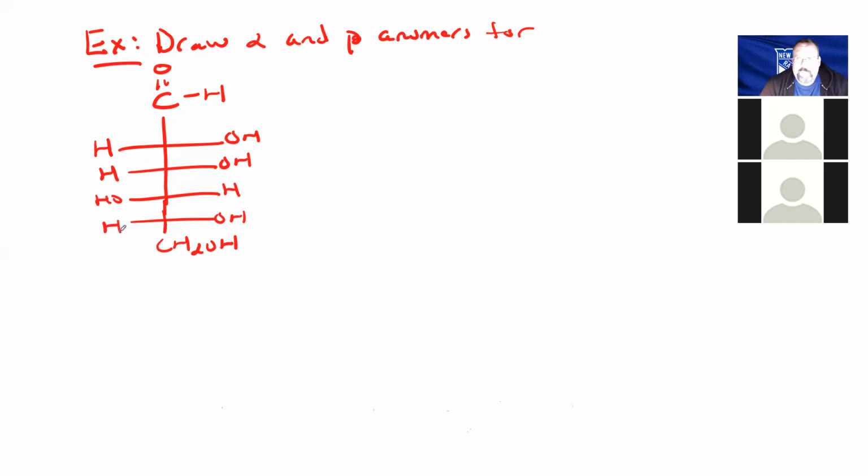So we talked about the fact that for your hexoses, whether it's an aldohexose or a ketohexose, the OH group on the chiral carbon furthest from the C=O group is going to be the one to react with the C=O carbon to form the ring.